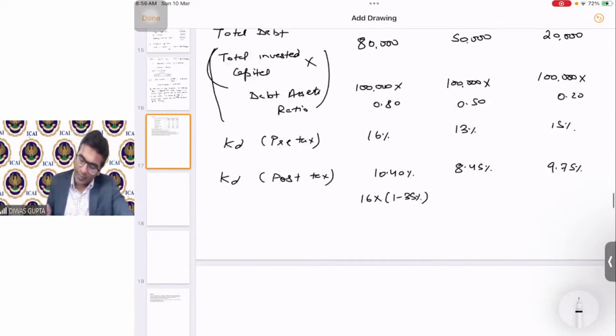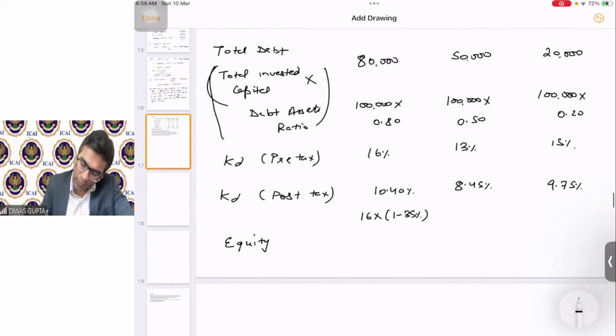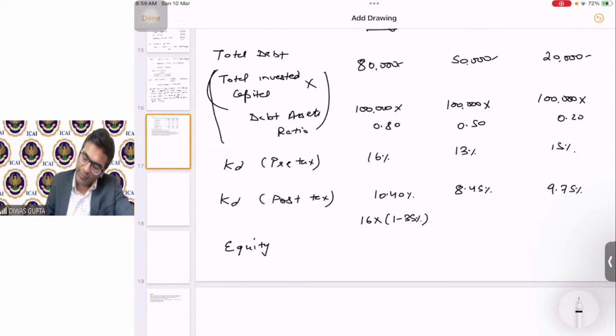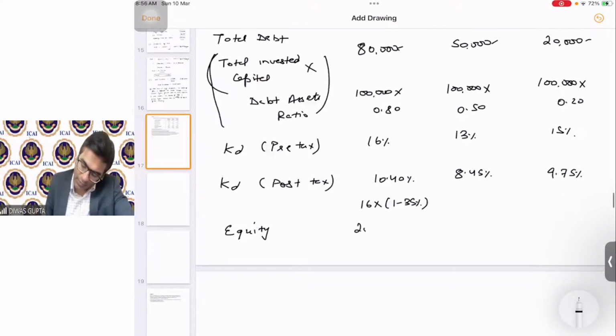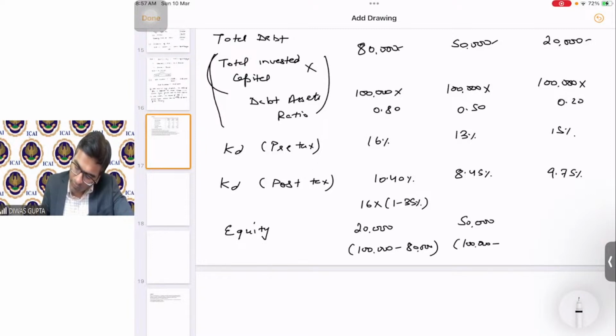Easy. Then students, can we know what is the equity amount? Just now we calculated the debt amount. Can we calculate the equity amount? Yes, it's 20,000 because it will be 1 lakh minus 80,000. Correct? Here it is 50,000: 1 lakh minus 50,000.